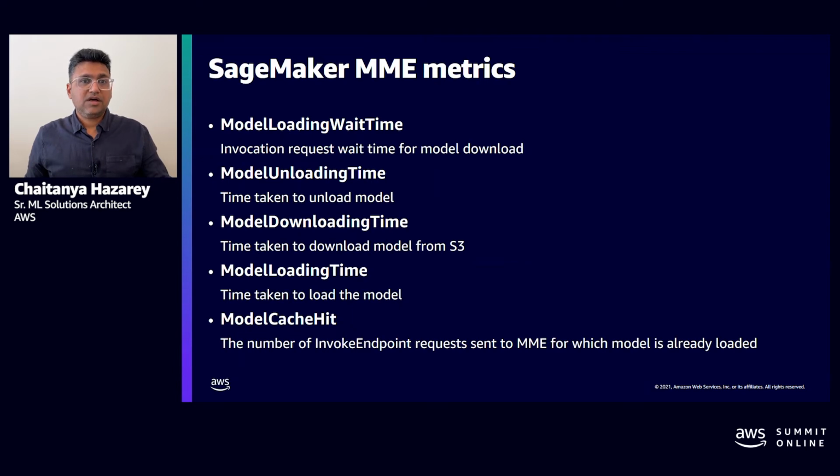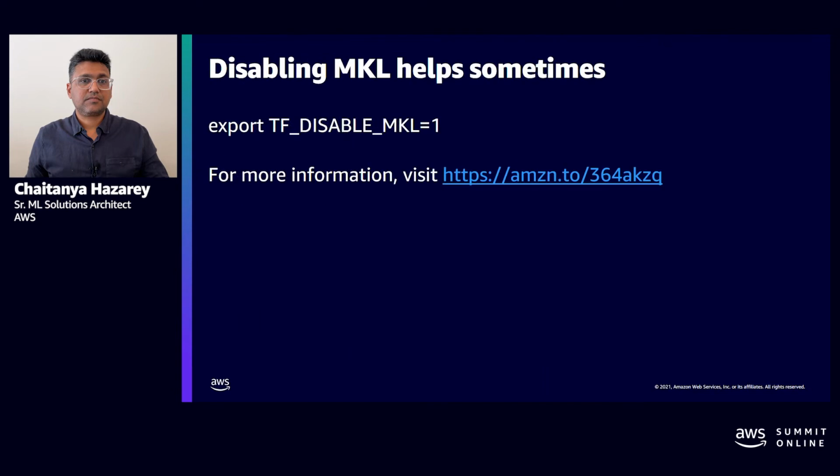So now that we have checked all these metrics, let's check out a final tweak that can help us optimize the performance further. Intel Math Kernel Library is a library of optimized math routines for science, engineering, and financial applications.